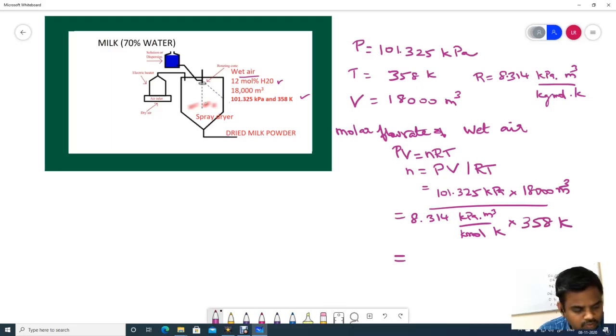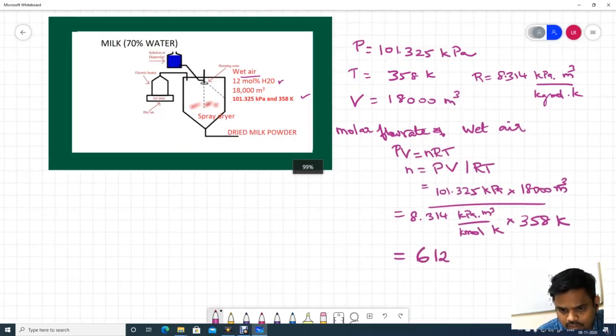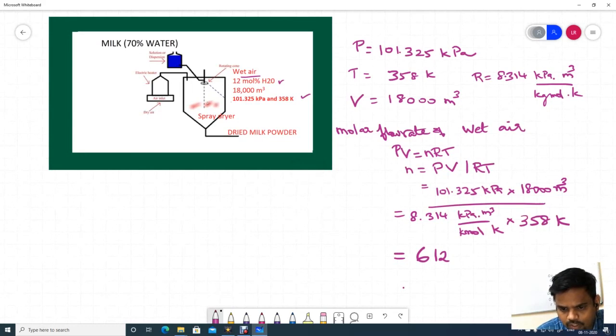So what is the n value, the molar flow rate of leaving air? Please use your calculator, 101.325 into 18,000 divided by the denominator. What you get is 612.75. Take your own time to calculate the value. 612.75 kg moles per hour, for 18,000 meter cube per hour.